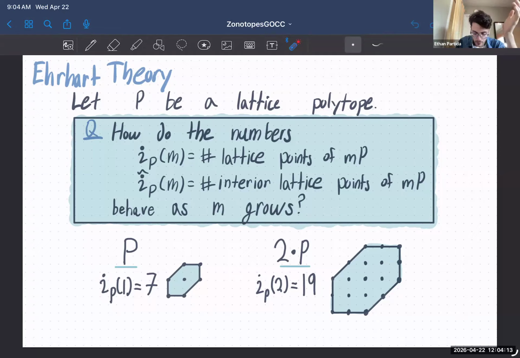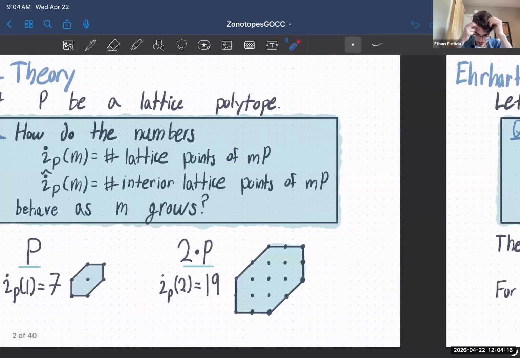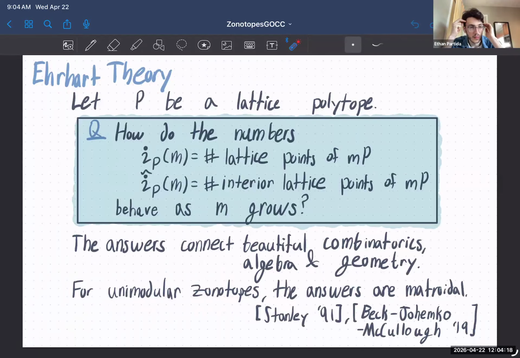And it turns out that this question has lots of very beautiful answers, and the answers connect combinatorics and commutative algebra and algebraic geometry, and they all say things about each other. And special to this project, if you specialize to a very special class of polytopes known as unimodular zonotopes, there'll be matroids floating around, and you can answer these sorts of questions using matroid theory.